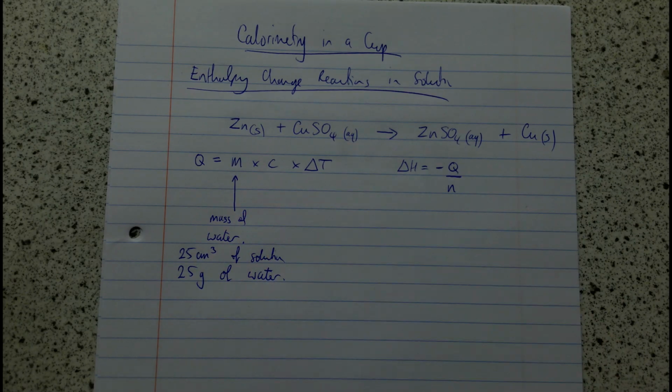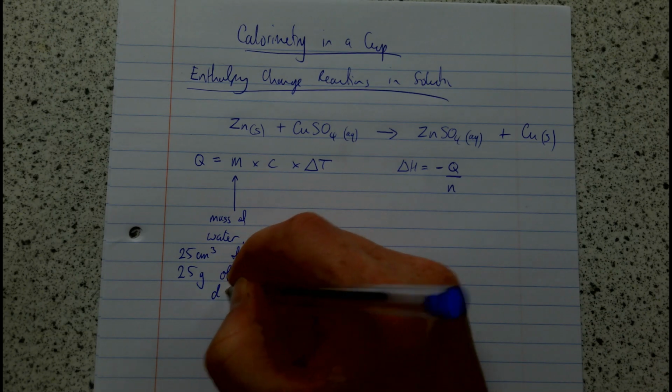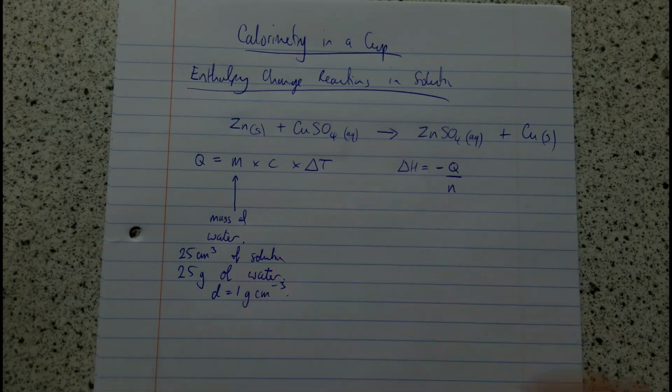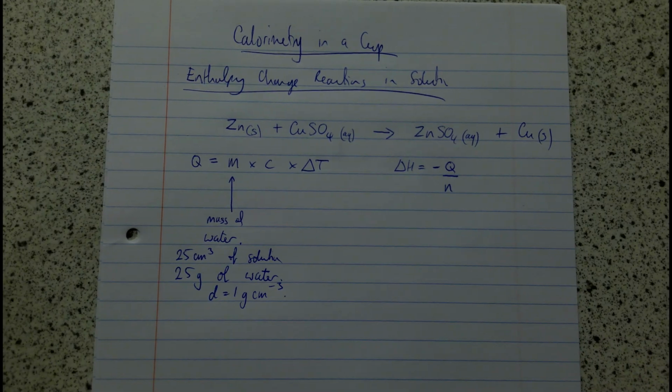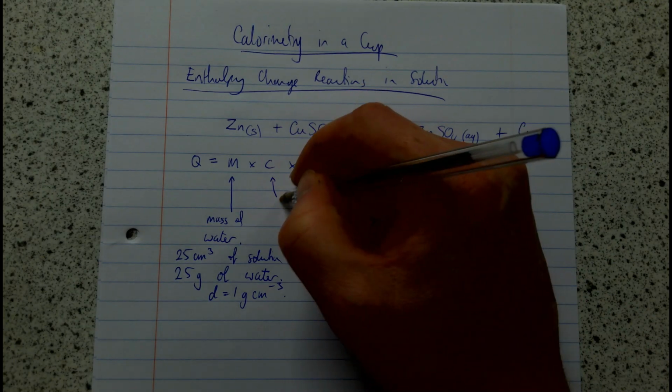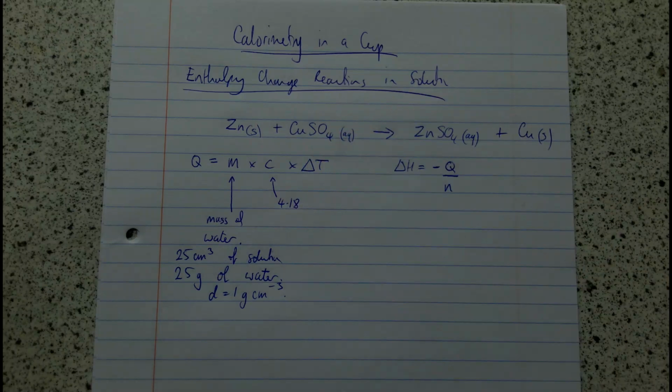Now the density of the solution, we don't know what that is really, but we're going to assume the density of the water in the solution was 1 gram per centimetre cubed as before, and that is an assumption. It's a reasonable one, but we don't know it for sure. So m is 25 grams, c doesn't change, that's the specific heat capacity of water, but again, this was a solution, so this is an assumption as well.